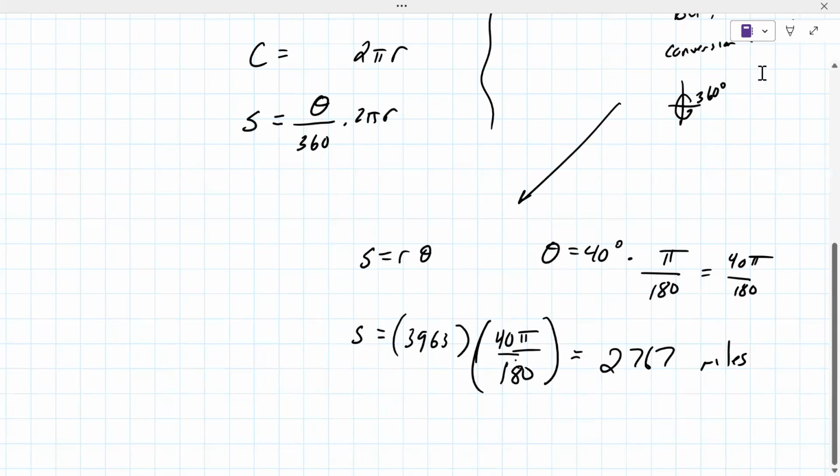Okay. Now, this next one, truthfully, you have to know a little bit about the Earth and the lines.